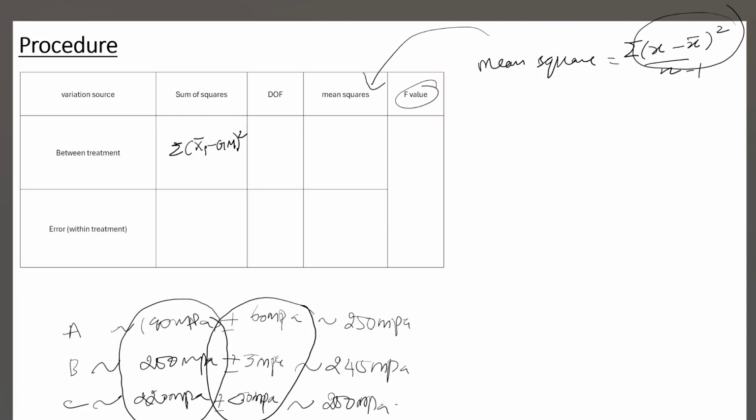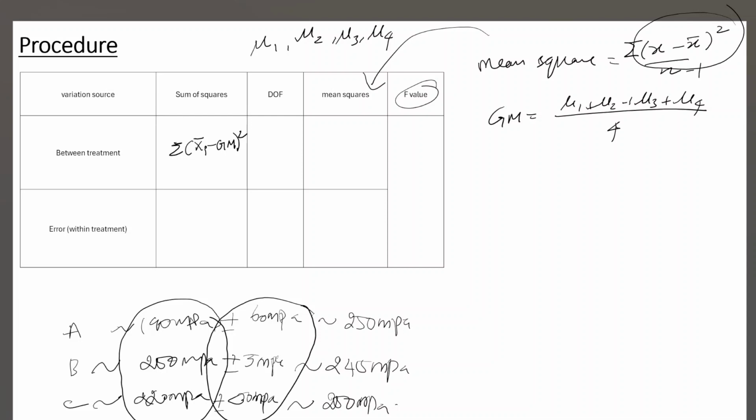Grand mean means the mean of the samples. They have taken four sets of samples, and each sample has an average of, say, mu one or mu two. So grand mean means mu one plus mu two plus mu three plus mu four, up to mu n, divided by n.